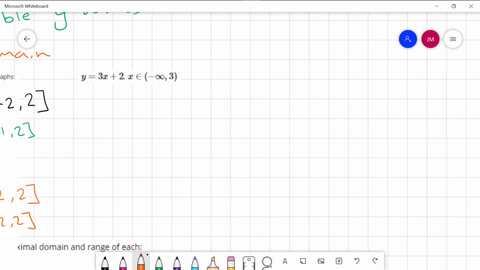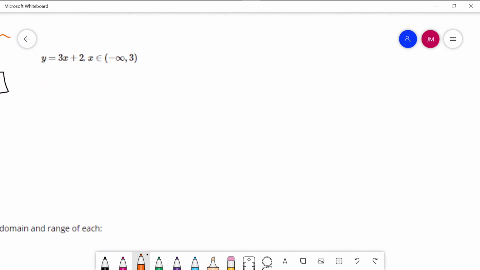Looking at this graph up here, let's say we were asked to sketch this one. You notice that we've got y equals 3x plus 2, but then at the end, we've got this little bit here, which reads as, and this is familiarizing yourself with these new symbols, x belongs to (negative infinity, 3]. So it's saying, can you sketch this straight line, y equals 3x plus 2, but only for the x values up until positive 3.